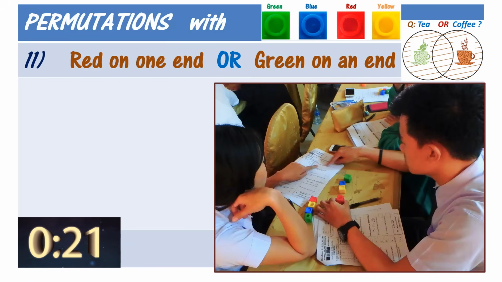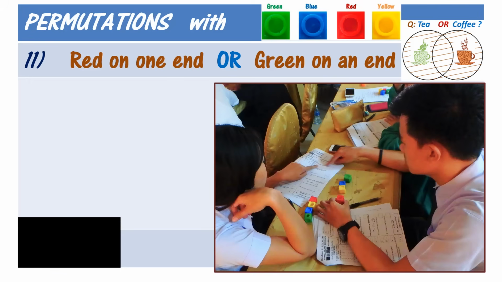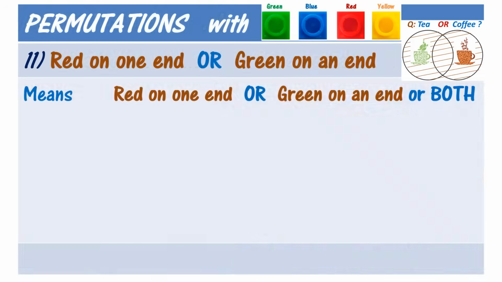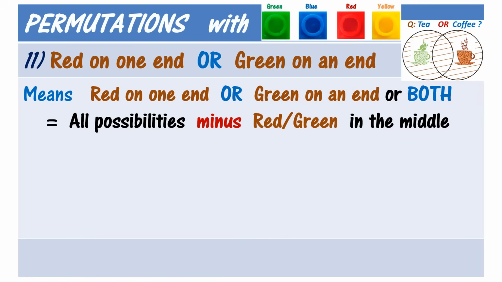Question 11, red on one end or green on an end. In other words, it's union. We can have one or the other or both. That's really all possibilities minus red and green in the middle.